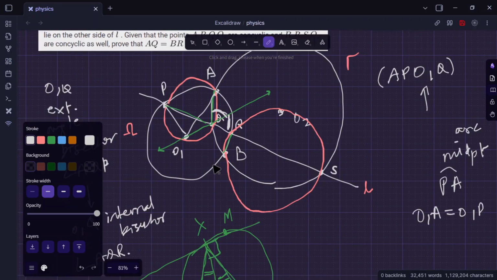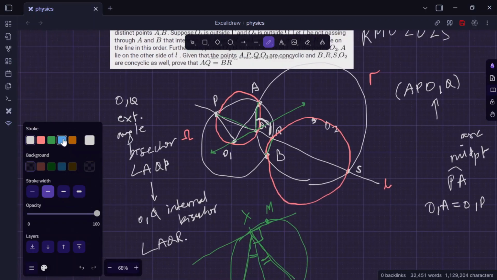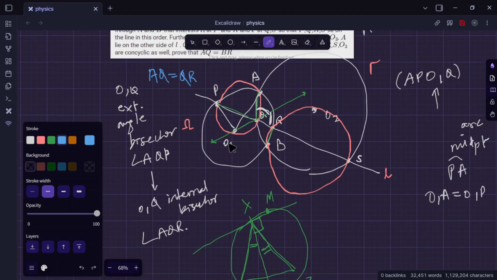And I'll set out a claim right here. We should get AQ is equal to QR. Why is this? We know that O1Q bisects the angle AQR, right?